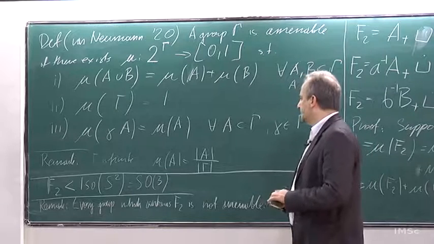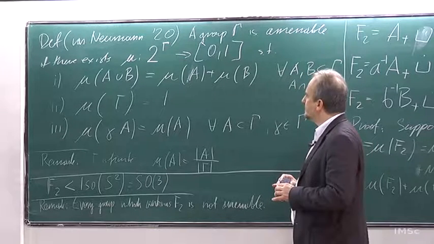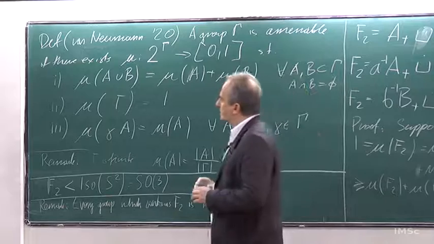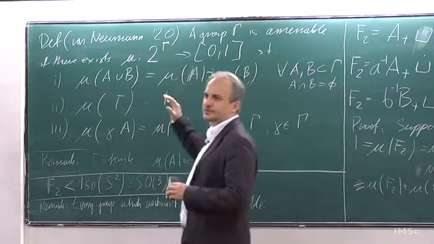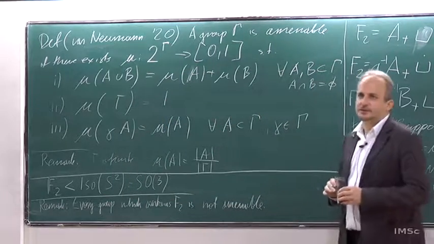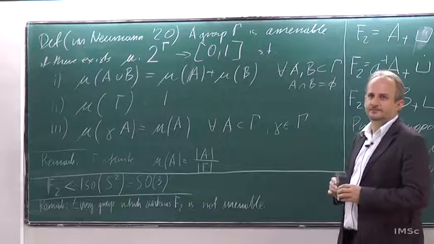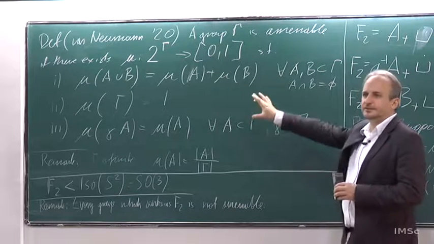Okay, so maybe now we'll move to examples of amenable groups which are not finite. Are there any questions concerning this part?